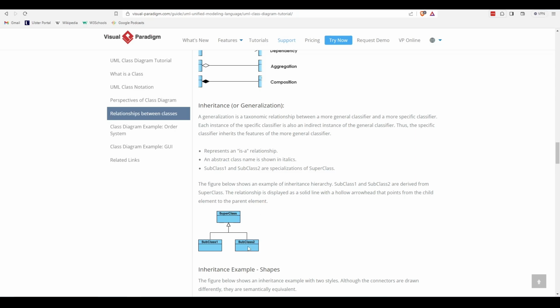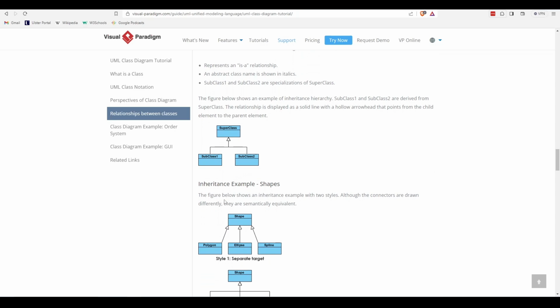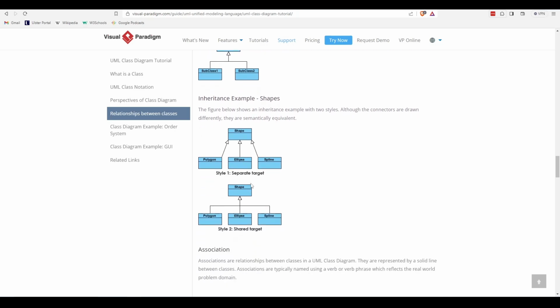So you're basically saying this class comes from here. It inherits everything from here. So the figure below shows an inheritance example with two styles. Although the connectors are drawn differently, they're basically equivalent. It's the same as this notation, whichever you prefer. These are both basically the same.